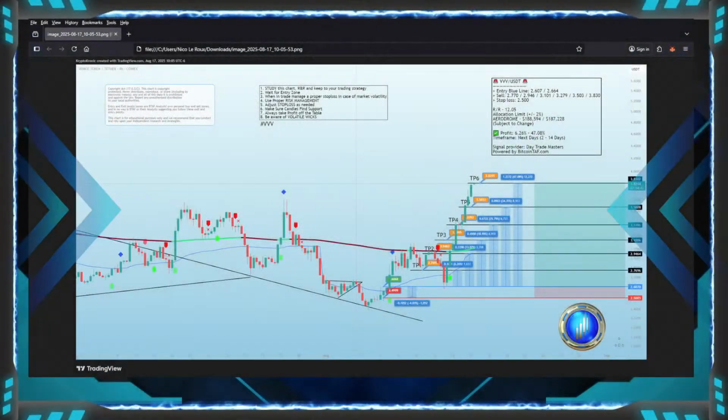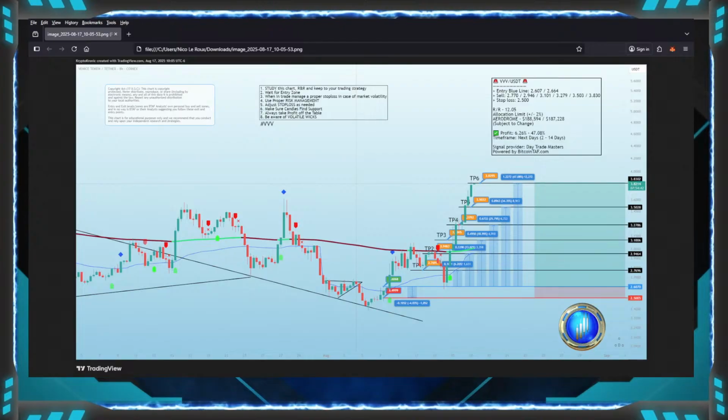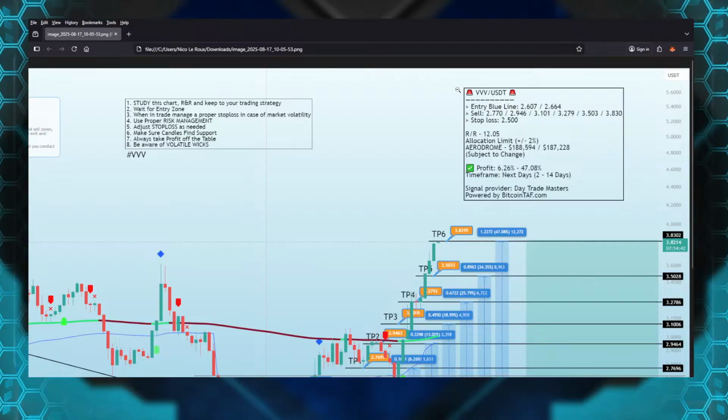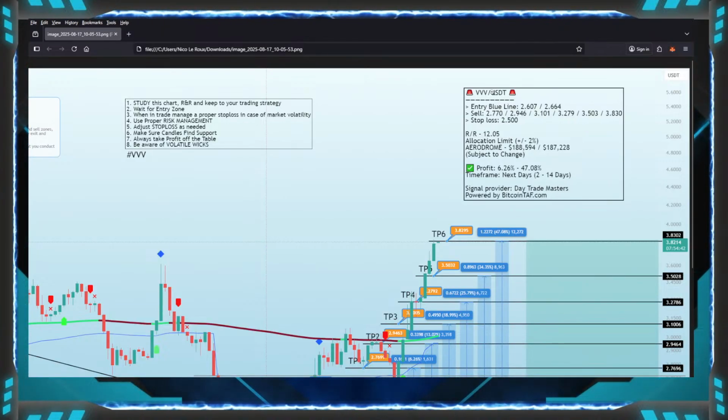If we go to the day trade chart, we've got here one year that Corey posted, and this is definitely one that we can look at. This is an example of the chart that we post in the Telegram channel together with all the information. If I go up here, you will see this was the coin, triple V USDT.